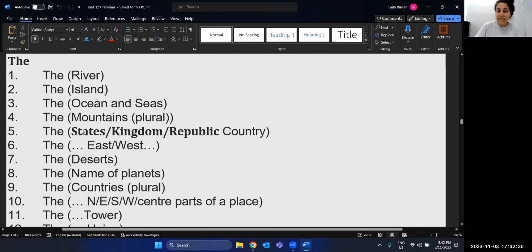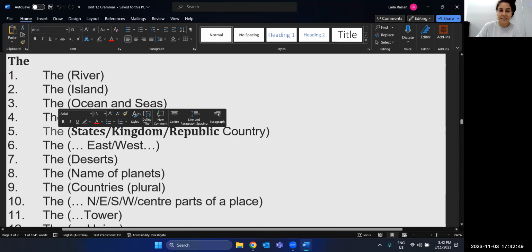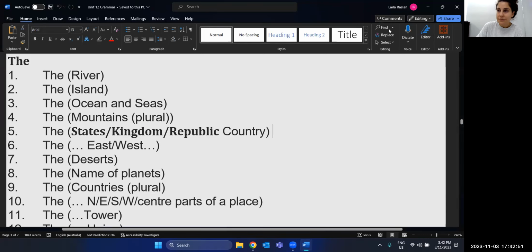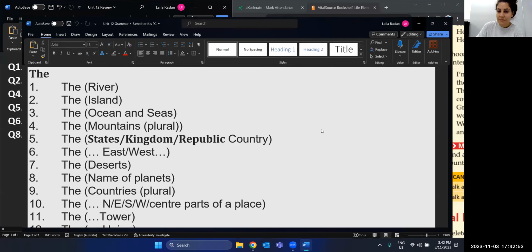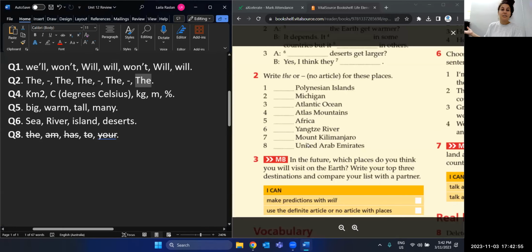So anytime there's states, kingdom, or republic in the name of the country, you have to say, I live in the United Kingdom or UK, the United States of America, the Republic of Dominica, whatever. So anytime you have these words, yes, the. So that's it. If you got those correct, then you've learned when to use the and when not to use the.